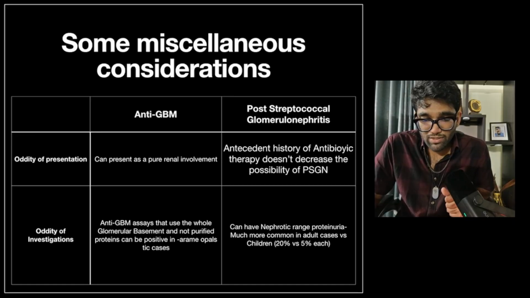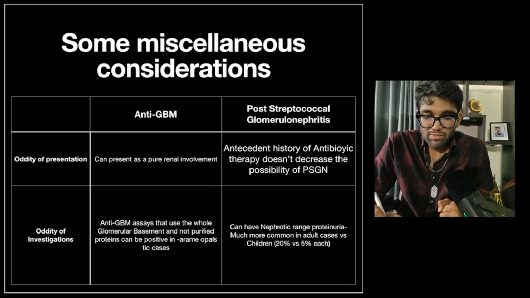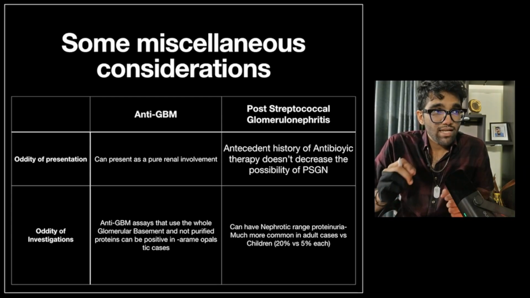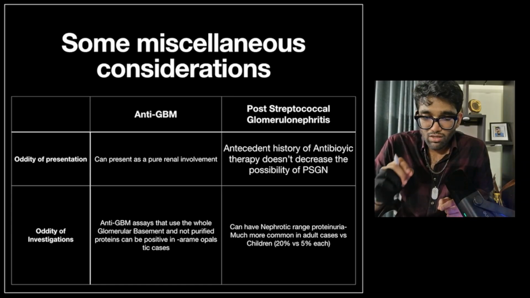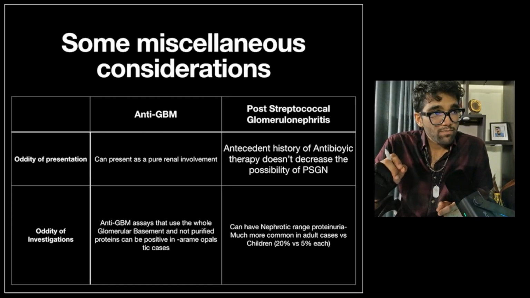Now, the other thing is that in the case of anti-GBM antibodies, we need to be sure that the antibodies we are detecting are detected using an assay that does not use a whole glomerular basement membrane lysate.